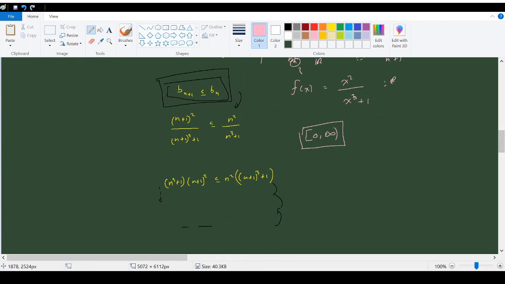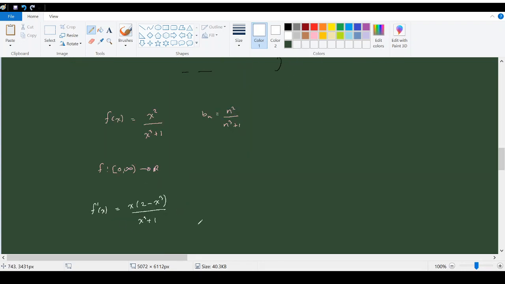And then we differentiate this function, right? So if you do the differentiation correctly, you can see that the derivative of the function is equal to this one, right?